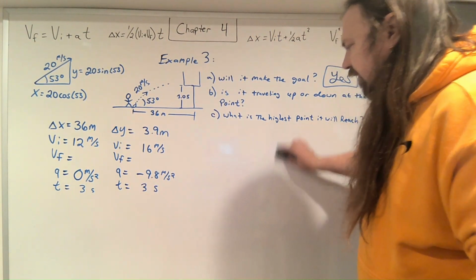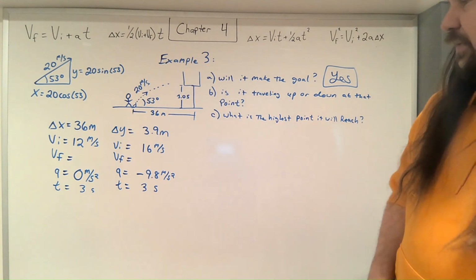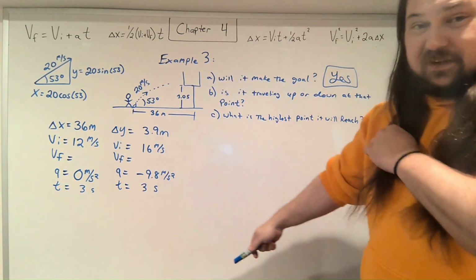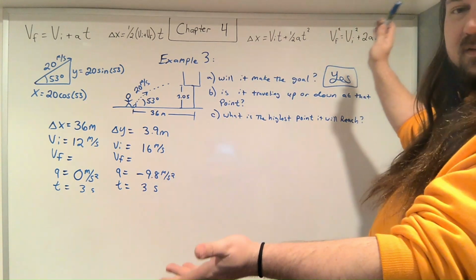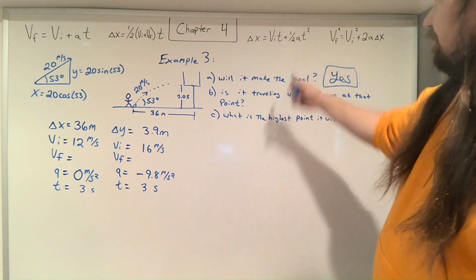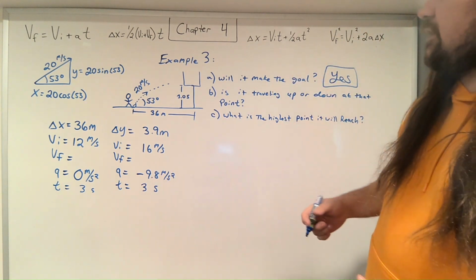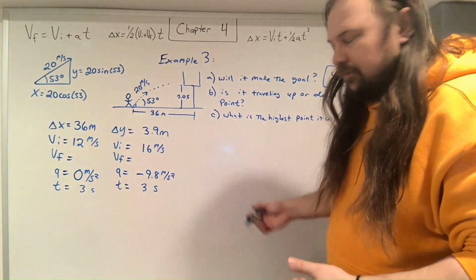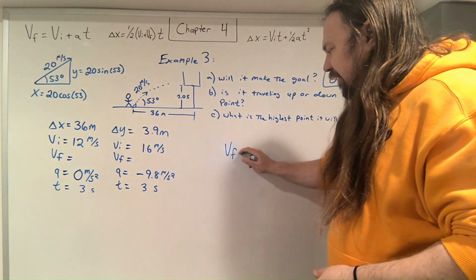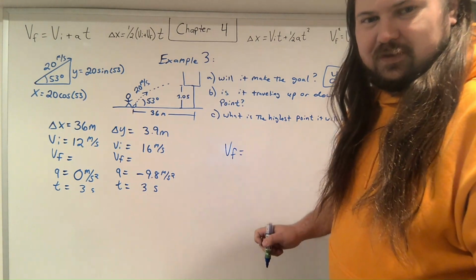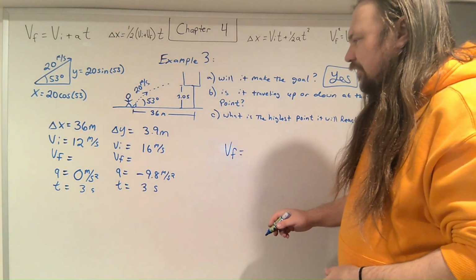Okay, so take this out of here. Now we need to solve for VF. I have every other piece of information. I can pick any of the equations that I want as long as it has a VF, so anything but number 3. Let me grab number 1 because number 1 is my favorite and it solves for VF right away. I don't need to move anything around.